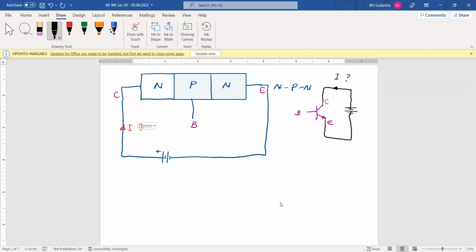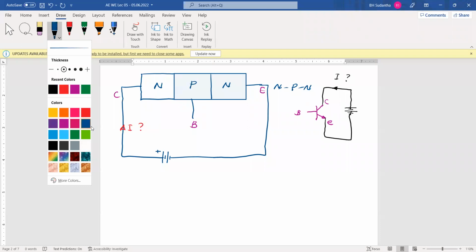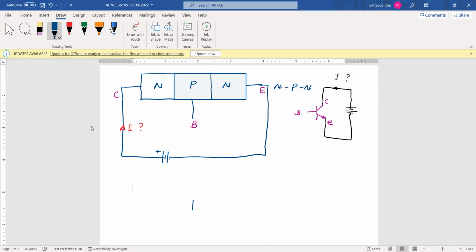And if you do this, and if we have this connection, and this is the transistor, and we have applied, for the moment, a resistor for the protection of the transistor, and we have applied a battery like this.